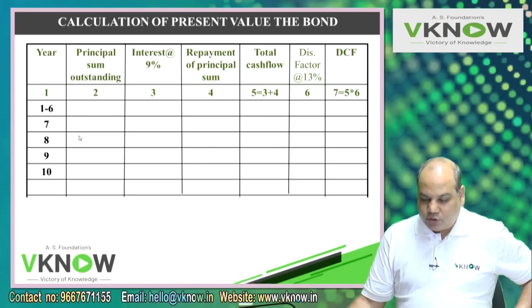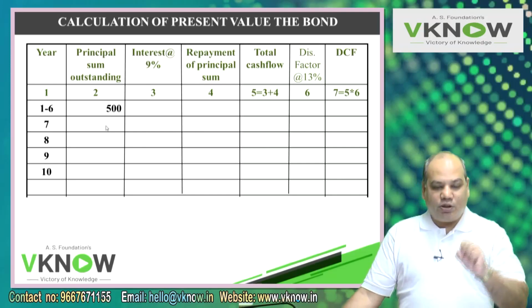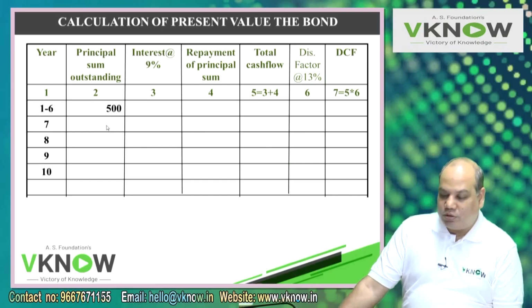After this, the principal sum outstanding. The purpose of this column is to find out the coupon at 9%. First 6 years, 500. The purpose of this column is to calculate interest till the end of the 7th year. Now this is important. I have seen students in previous batches go wrong here.